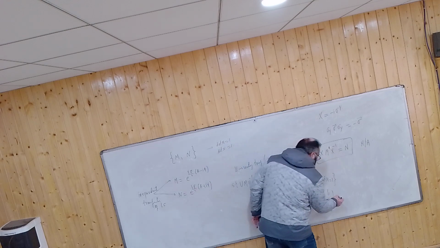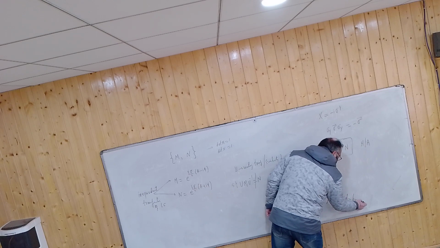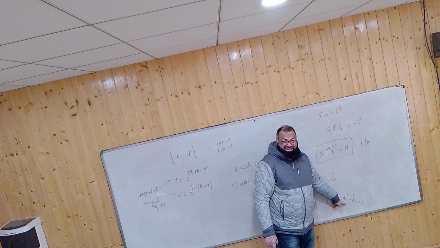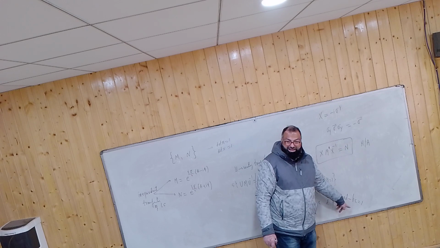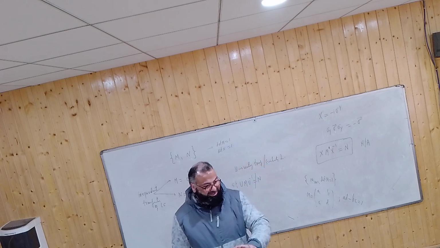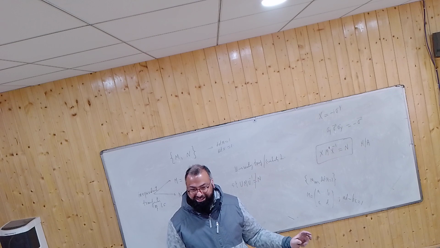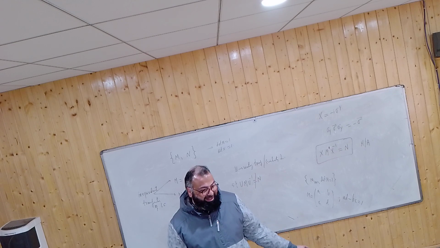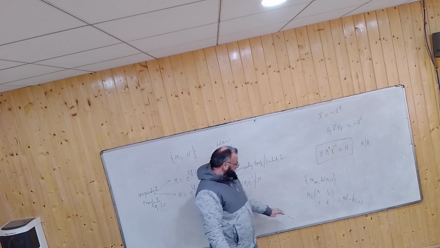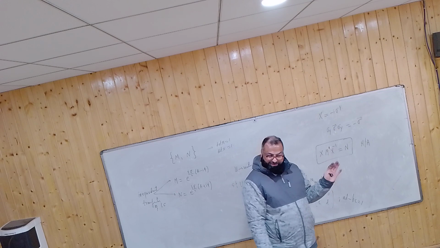But if I now impose the condition that the determinant is equal to 1, AD minus BC equals 1, how many conditions are there? There are 2 conditions, because this is real plus imaginary. So real part is equal to 1 and imaginary part is equal to 0. So these are 2 conditions. Clear? So 8 minus 2, how many? 6.